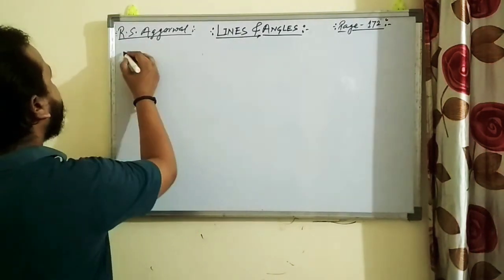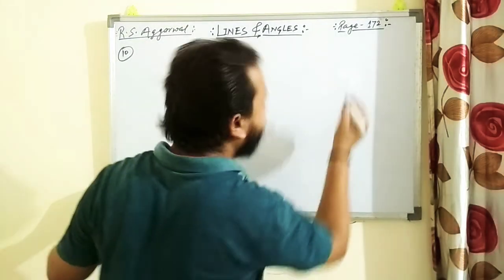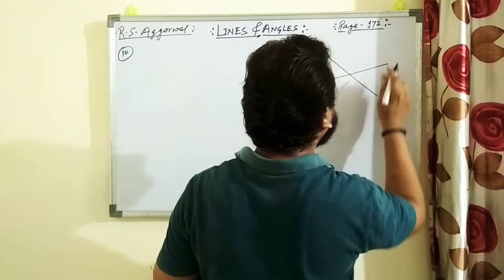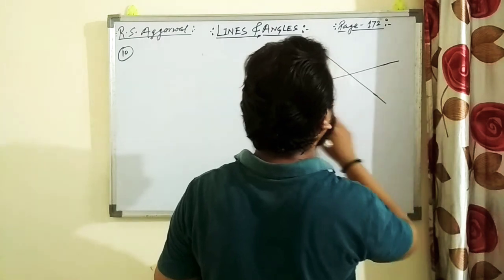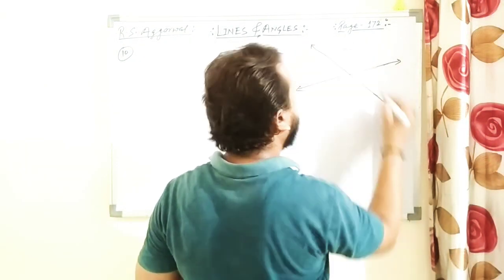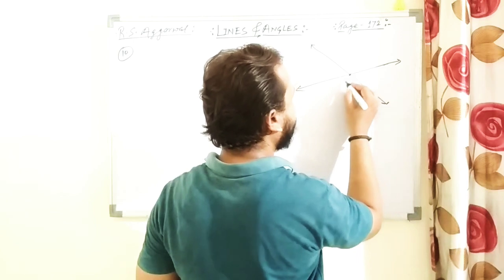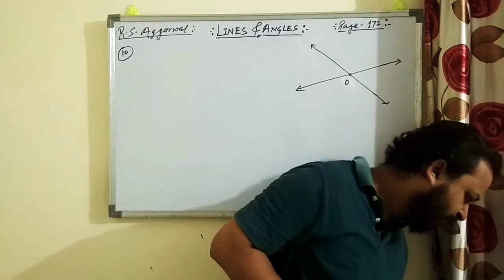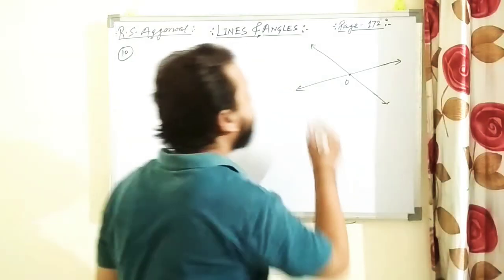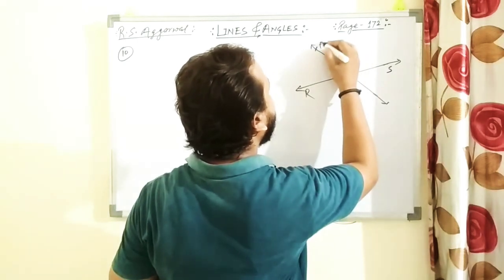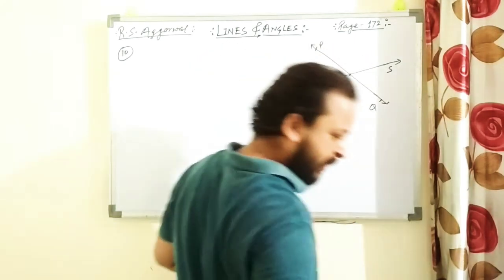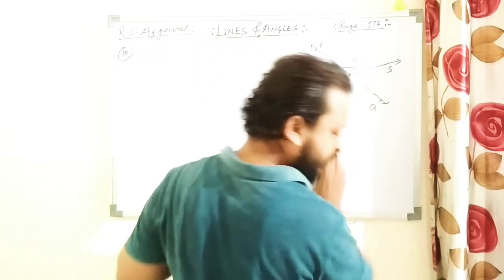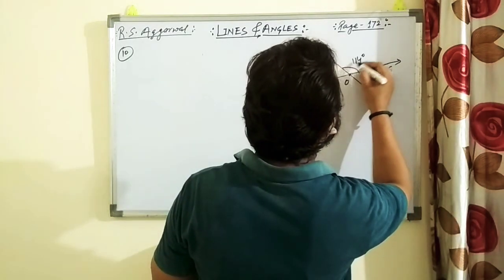So question number 10 is also... the two lines are given. They intersect at a point O, right? R, S, P, Q. This is R, this is S, this is P, and this is Q. Angle POS is given as 114 degrees, right?